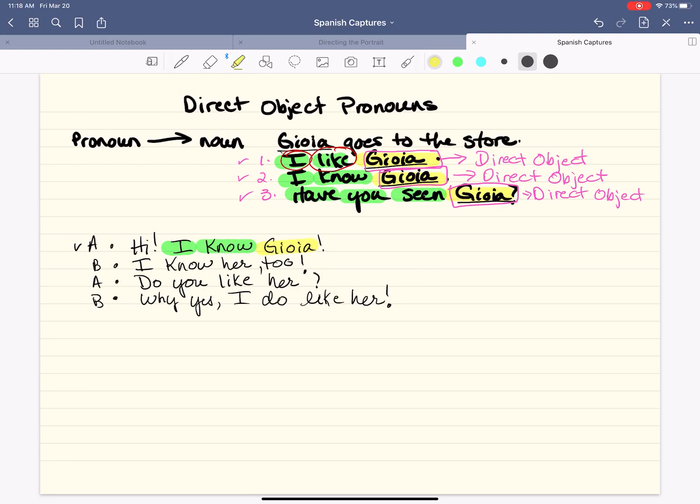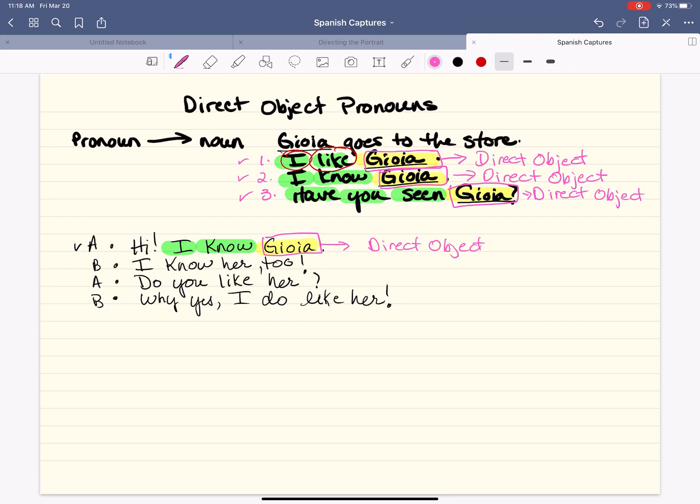She's our direct object, right? Perfect. And let's go ahead and write down direct object. Now, I have named Joya, so I'm not using a pronoun. I'm naming her.